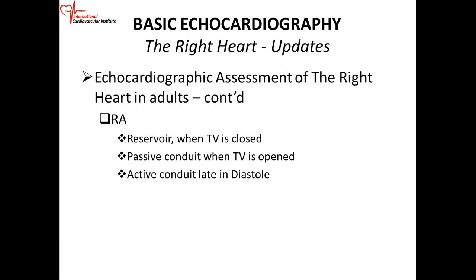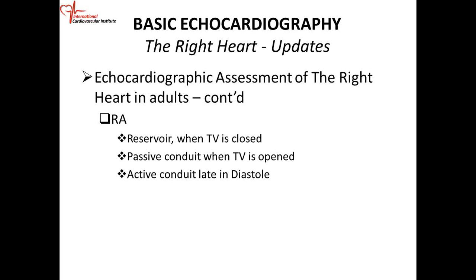Okay, so let's look at the right side of the heart in a little bit more detail. The right atrium has three main functions. It functions as a reservoir, basically storing blood. So when the tricuspid valve is closed, it's just filling up with blood. And then when the tricuspid valve opens, it functions as a passive conduit.